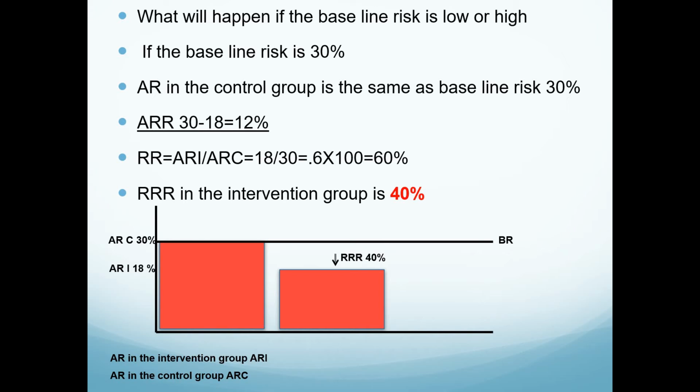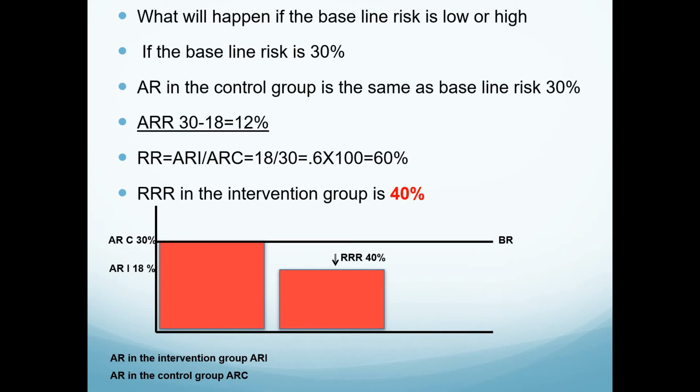Look at this diagram and we can see that the absolute risk for the control group is 30%. The absolute risk in the intervention group is 18. The difference between the 30 and 18 is 12%. This 12% is the absolute risk reduction.